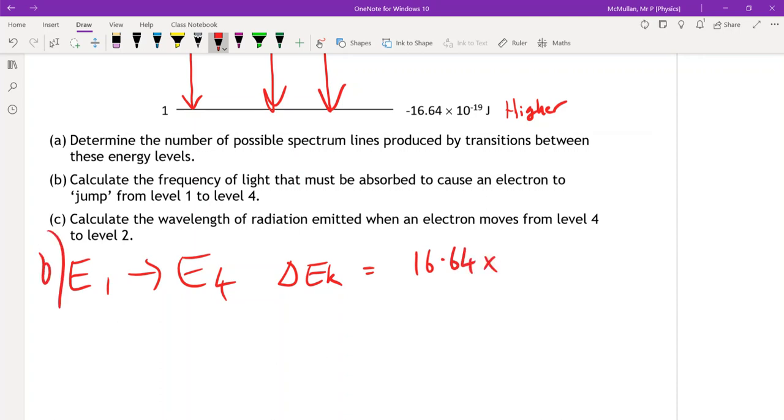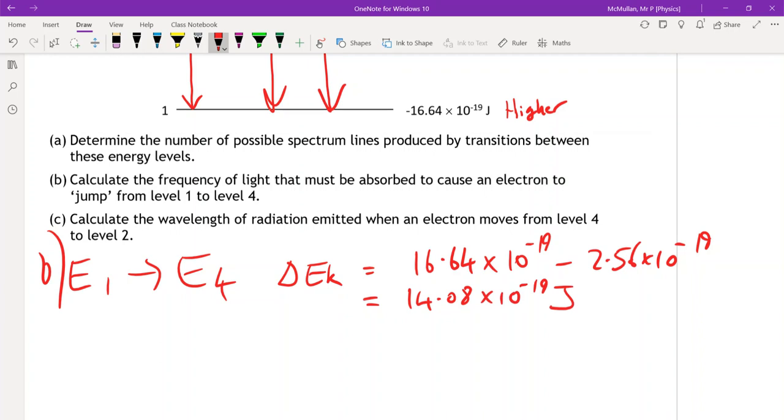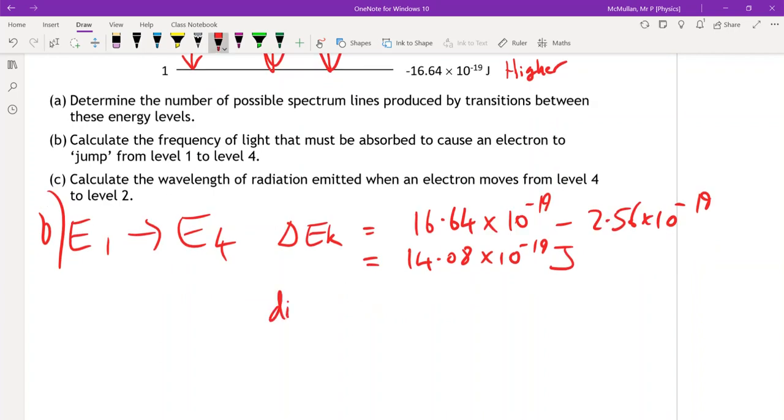This is B. Now you can put the negative in if you want because it's an electron.